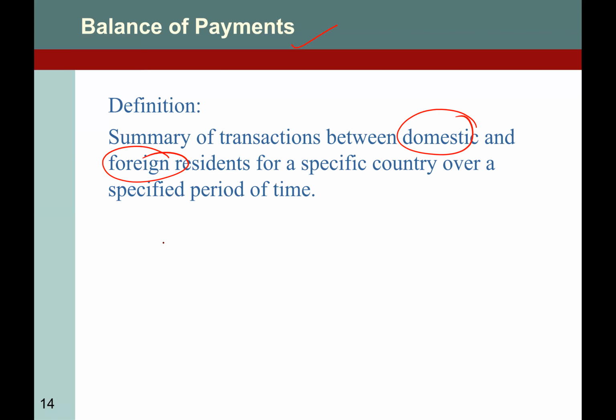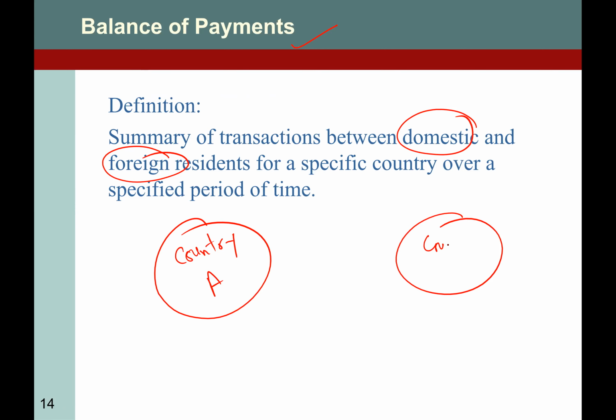So we have one country, country A, and country B. Of course, there are people here, and there are people here as well.